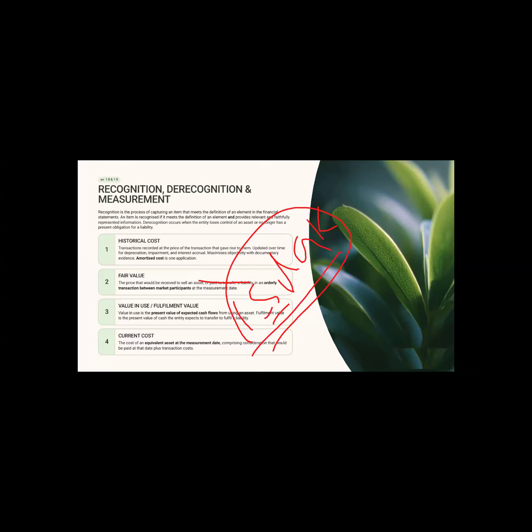Now let's say even though the value is 15 lakhs, the customer has accepted to pay 17 lakhs. Then we say this is the fair value. The amount you will receive when you are selling the particular asset, that is the fair value, the current market price. And the next one is value in use or fulfillment value.